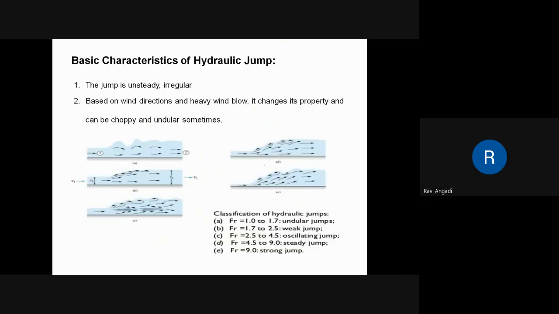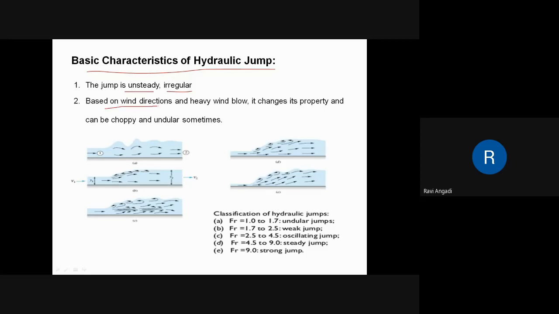Okay. Then what are the basic characteristics of hydraulic jump? Okay. So here, look at these all images. Here, the different types of jumps you may get. So the jump is unsteady and irregular, the hydraulic jump.